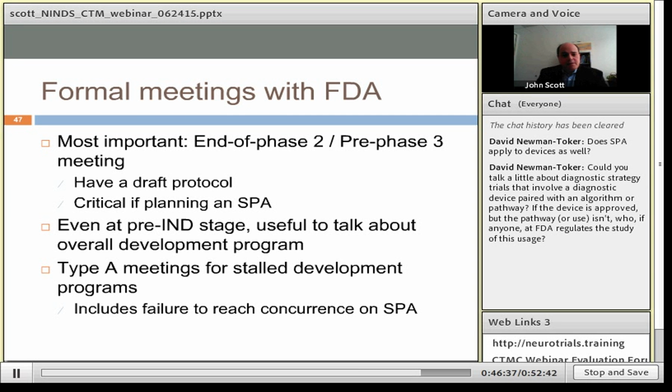Even at the pre-IND stage, which in many cases means before phase 1, it can be useful to talk about long-term plans for a development program. There's also something called a Type A meeting available for stalled development programs, which basically means irreconcilable differences between the sponsor and the FDA. We can have a very high-level meeting to try to hash those things out.